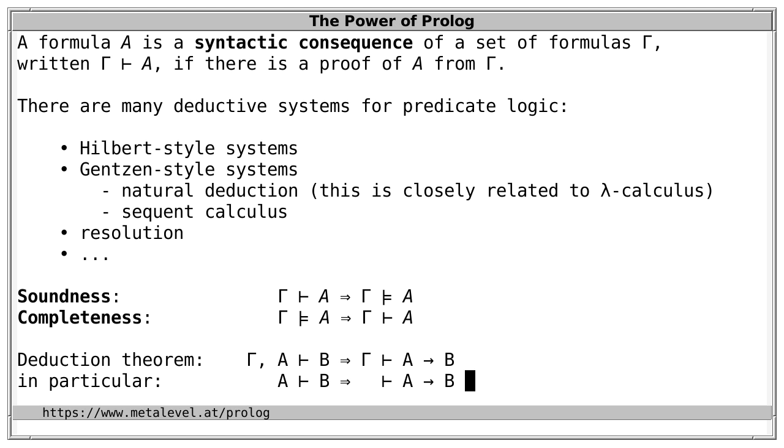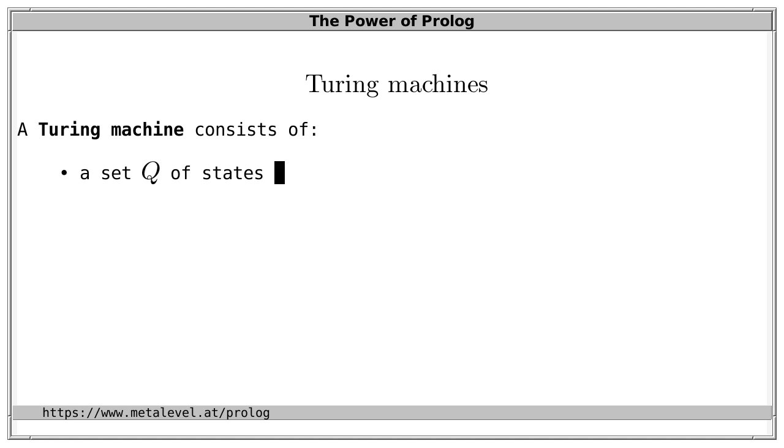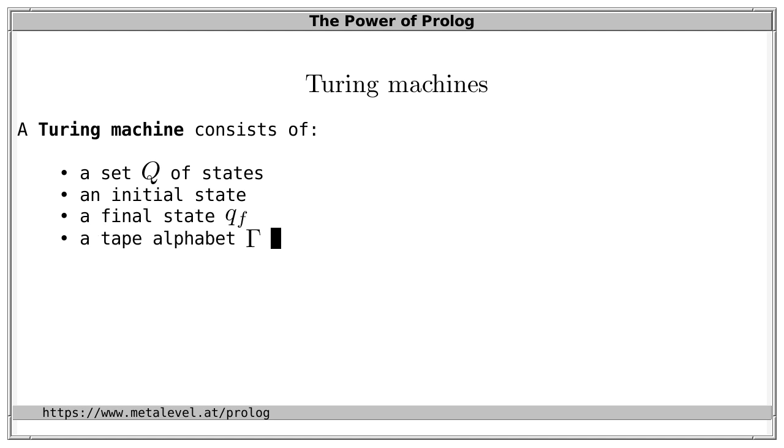And clearly, there's a computational aspect to deductive systems, and in fact there are deep relations between logic and computation. For example, we can use first-order predicate logic to express the semantics of a Turing machine. A Turing machine consists of a set Q of states, an initial state, a final state QF, a tape alphabet gamma, and a transition function delta.